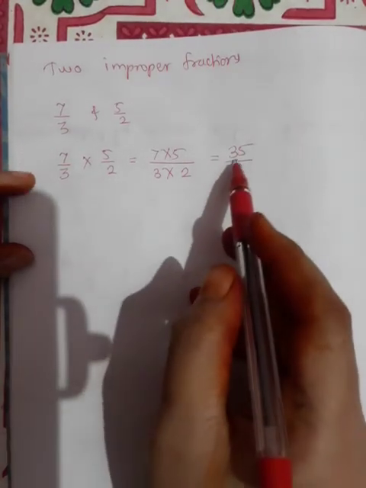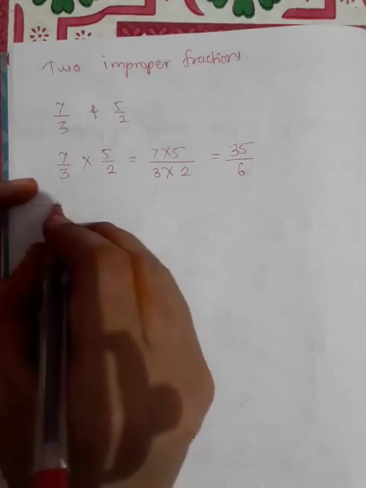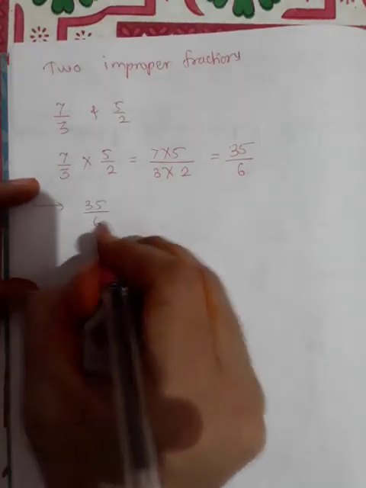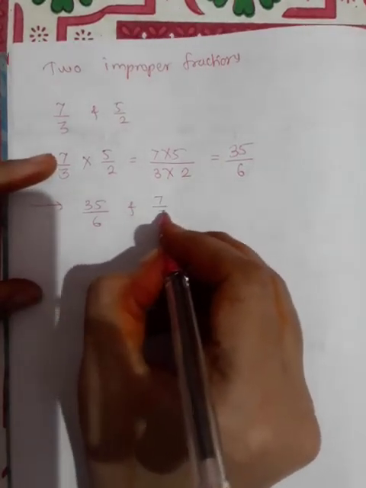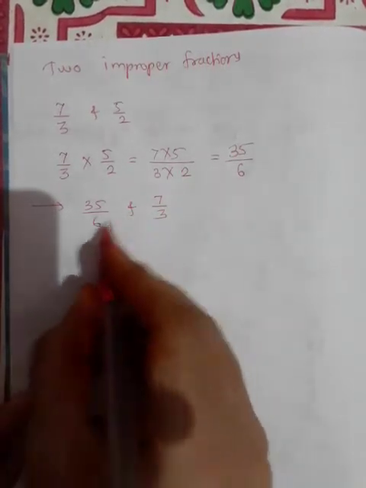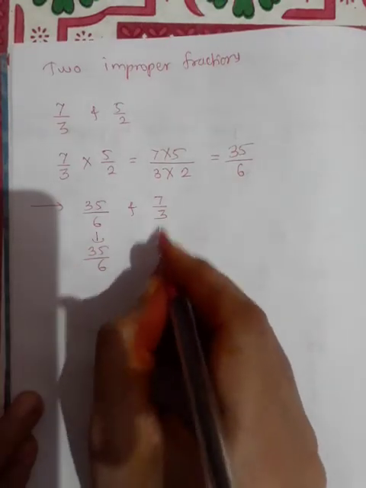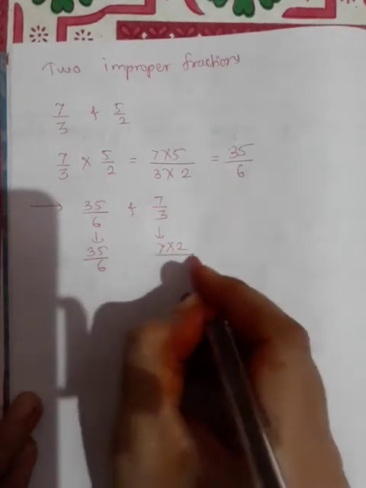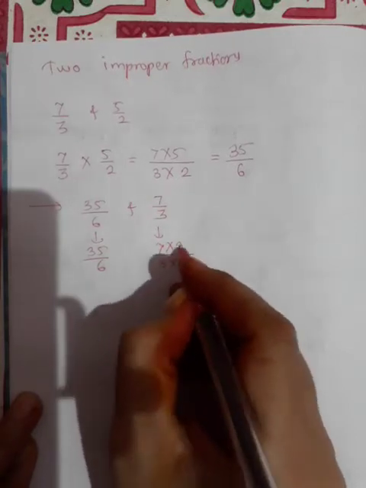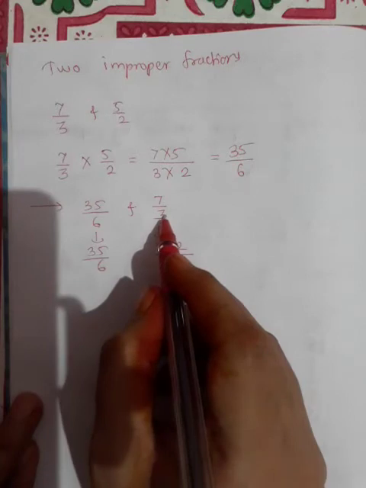So what is the relation between 35 by 6 and this fraction 7 by 3? We have to compare these two fractions. This is 35 by 6, and here the denominator is 6 and here the denominator is 3.